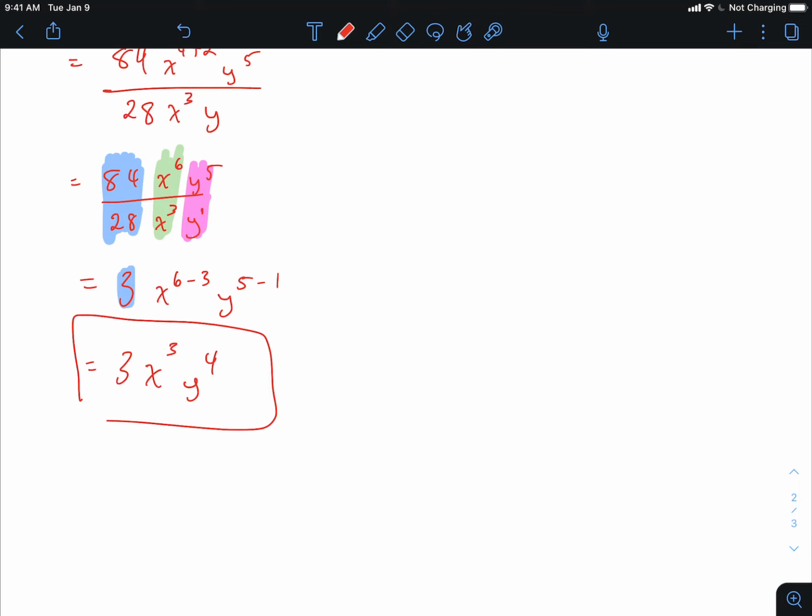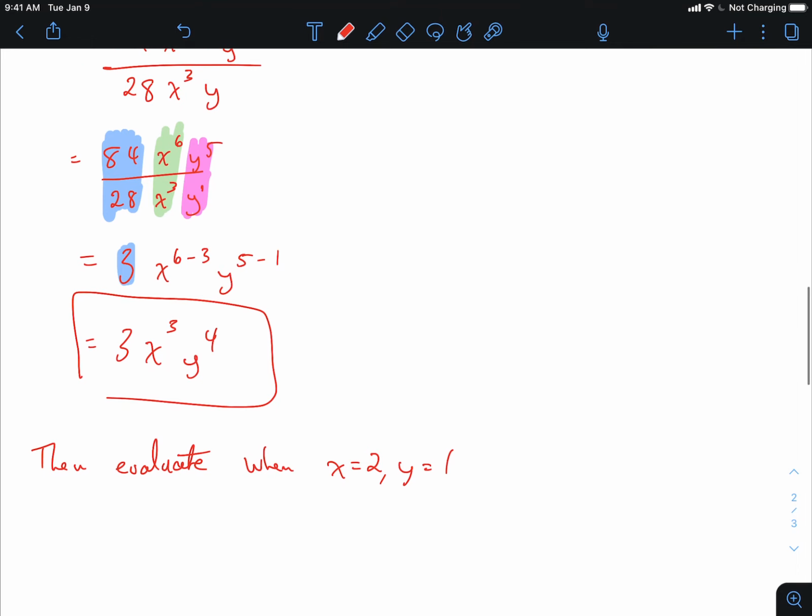Okay, there could be an extension question somewhere in the future that says, okay, simplify and then evaluate. So I might say then evaluate, which means what, Jacob? Like you're just going to plug in numbers. So then evaluate when x equals 2 and y equals 1. You guys can give me a number.